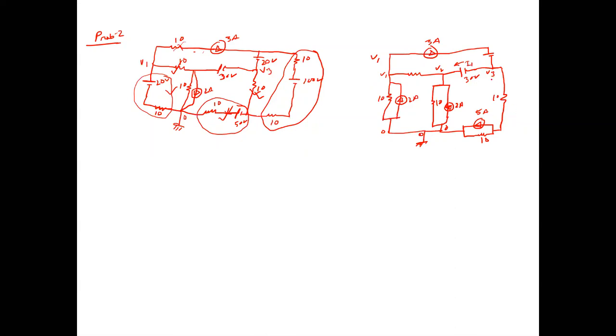Okay, and suppose this point is V4. So this point V3, so V4. So V4 to this point.